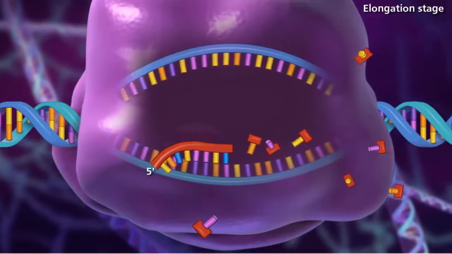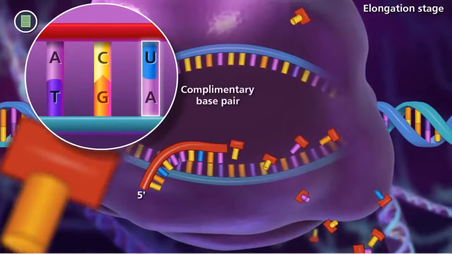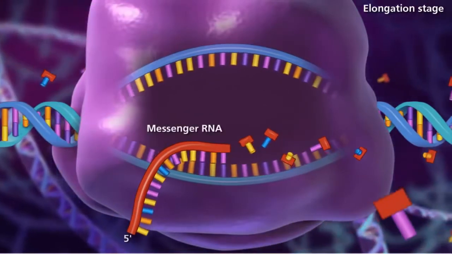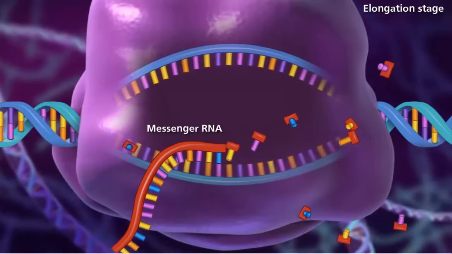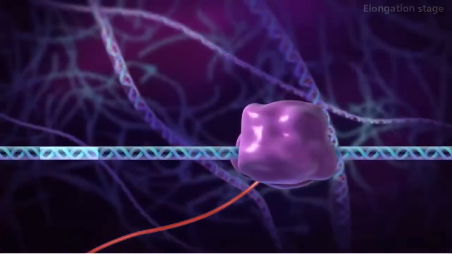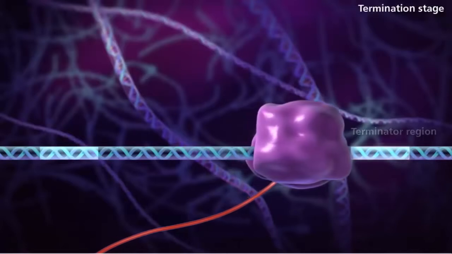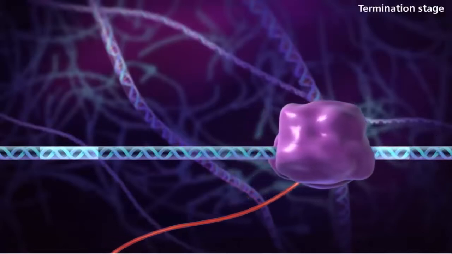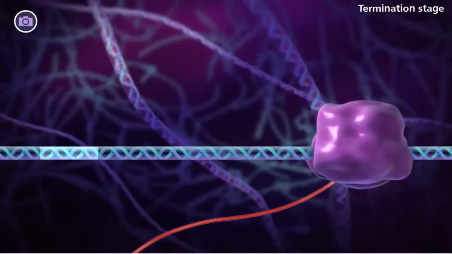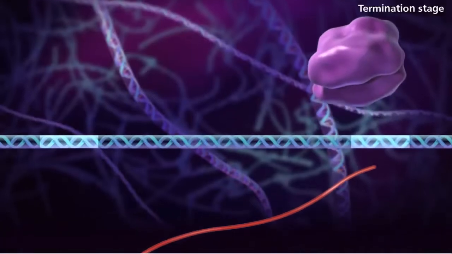As the complementary bases pair up, the RNA polymerase links nucleotides to the 3' end of the growing RNA molecule. Once the RNA polymerase reaches the terminator portion of the gene, the messenger RNA transcript is complete, and the RNA polymerase, the DNA strand, and the messenger RNA transcript dissociate from each other.